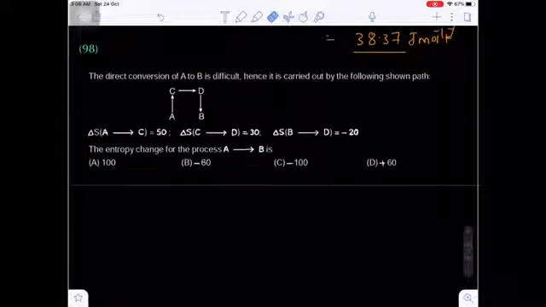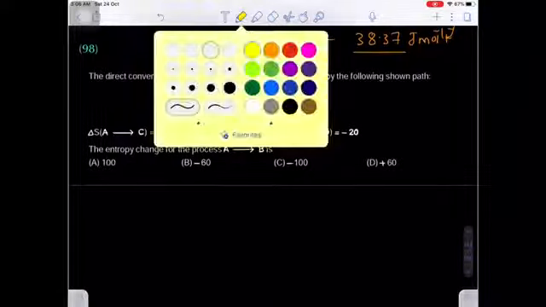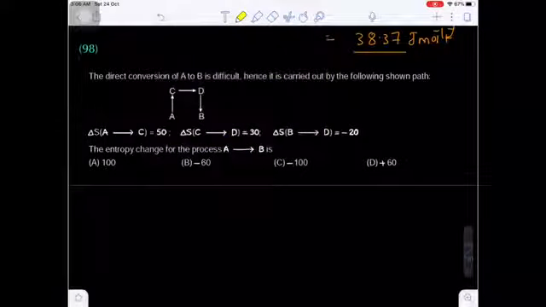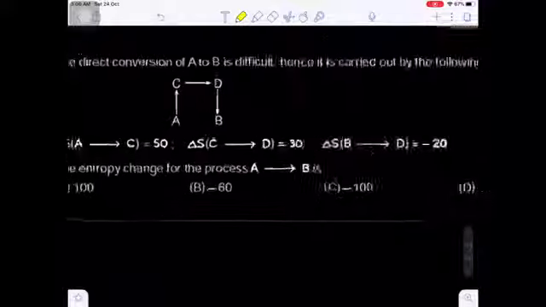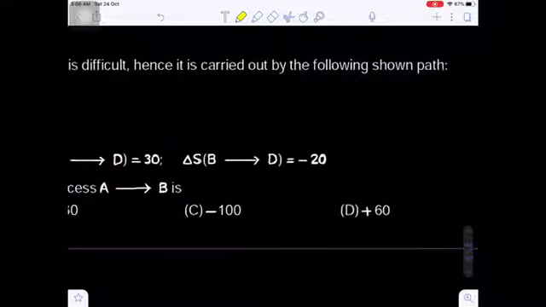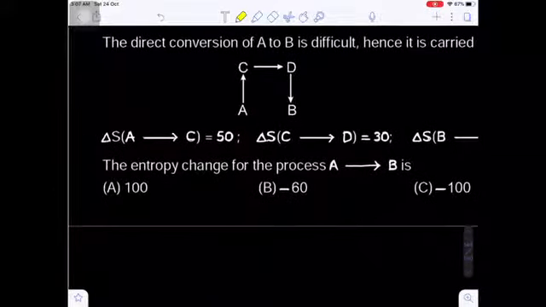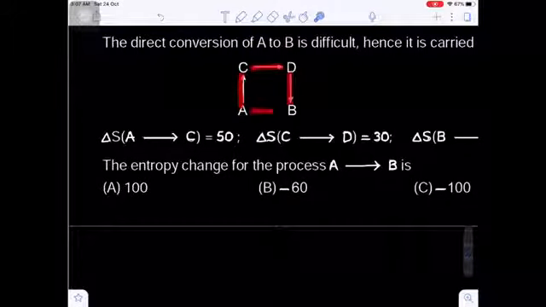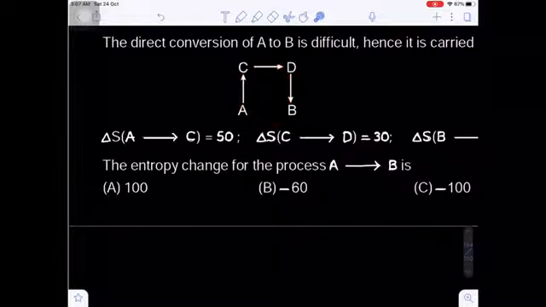Now, question number 98. This is a previous competitive exam question. A direct conversion of A to B is difficult, hence it is carried out by the following shown path. So A to B, first of all, which path is followed here? A to C, then C to D, then D to B, so that we reach from A to B indirectly, not directly.